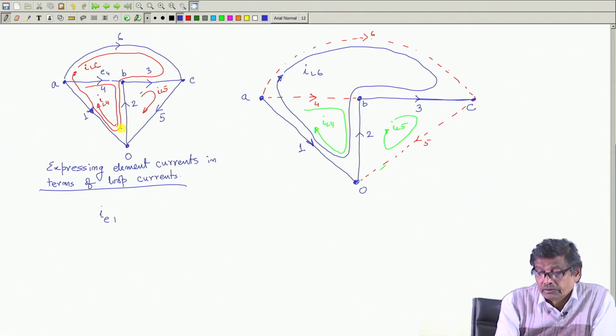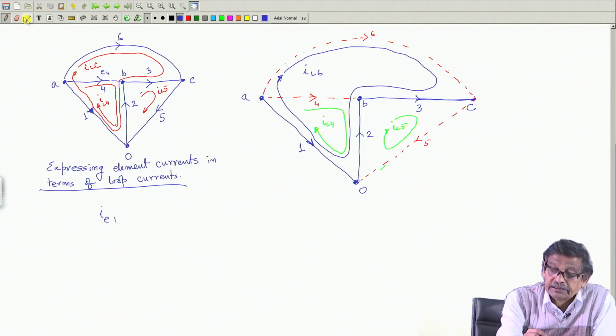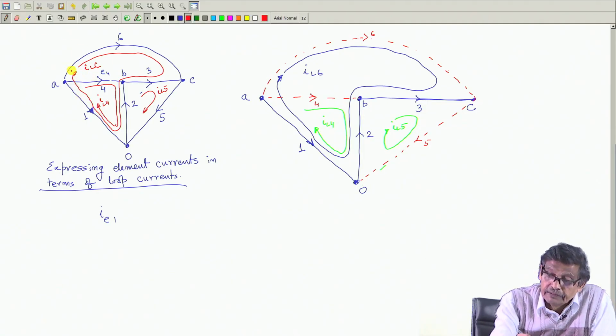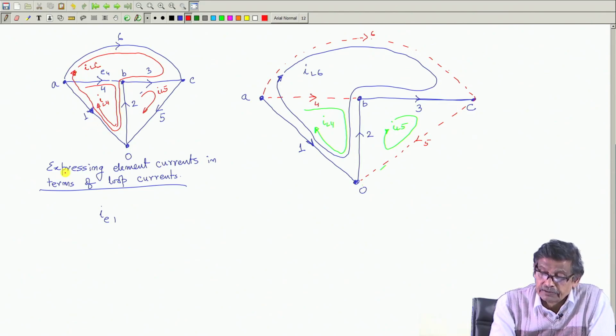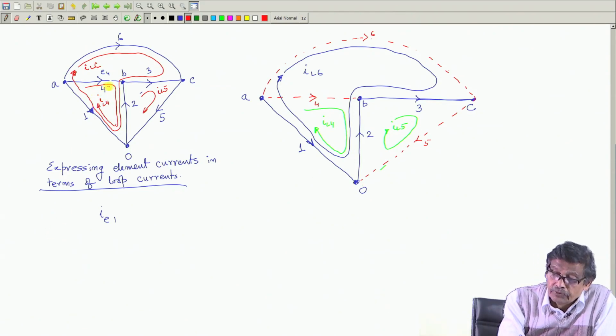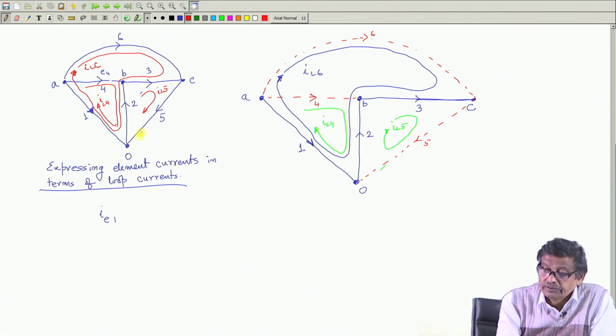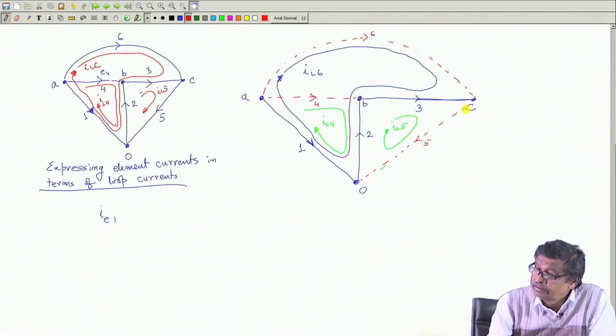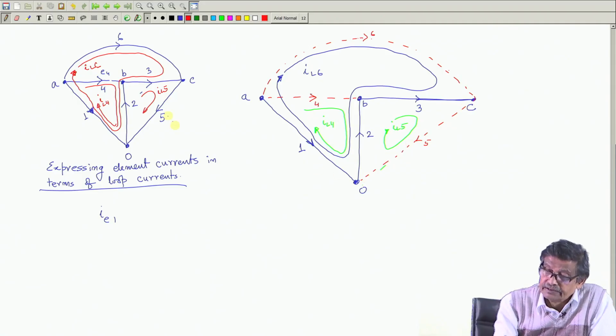So, there are two loop currents involved in deciding this magnitude. This arrow let me put very clearly. This arrow will be dictated by the arrow of the links. So, this is how I have put it. This arrow of IL4 was dictated by the arrow of this branch AB. You understood? Similarly, this arrow was dictated by this link. So, this is how it was put.